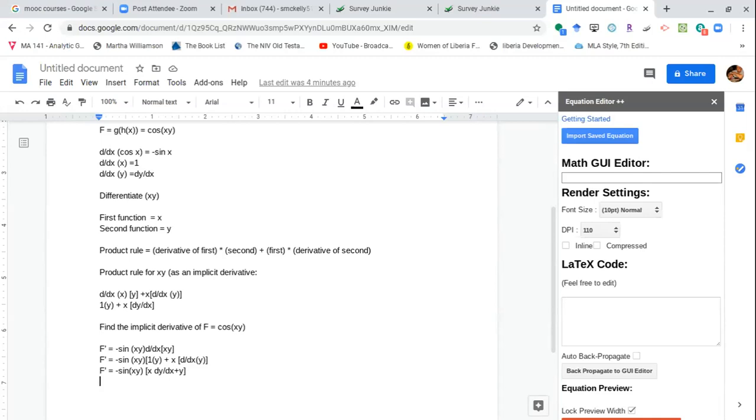Now, on the left side, I have negative y sine of xy. So my derivative is going to be negative y sine of xy over cosine of y plus x sine of xy. Right?